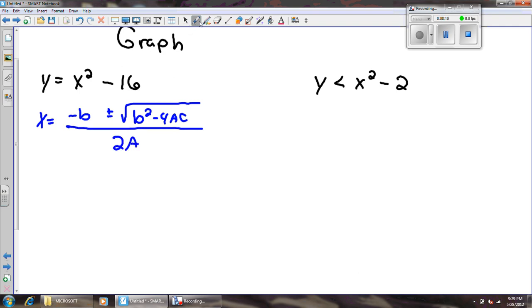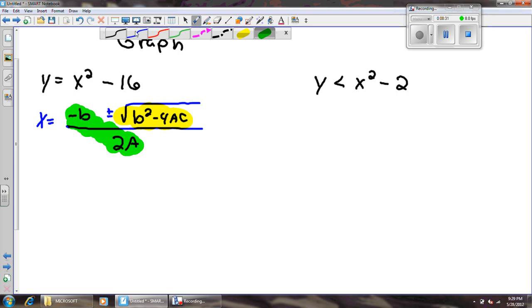And I'm going to remember that this part here is the discriminant. It'll tell me how many times the graph crosses the x-axis, right? And this part right here will be the x-coordinate of the vertex, the highest or lowest point of this graph.